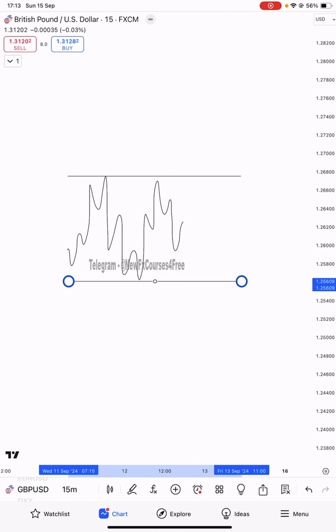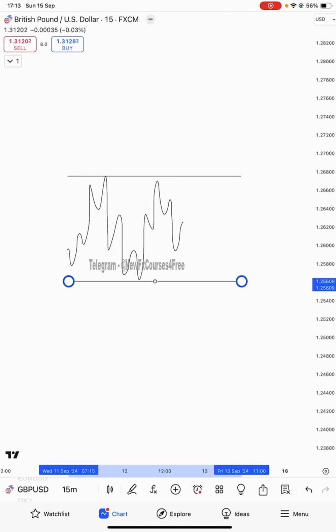Now, this model is a controlled model, so you are engaging price exclusively at the high, the low, and the equilibrium. Yes, the equilibrium too, because one type of entry is price manipulates down into the range low. You buy this with a clear invalidation, and invalidation can be either an intermediate term low, in this case to the left.